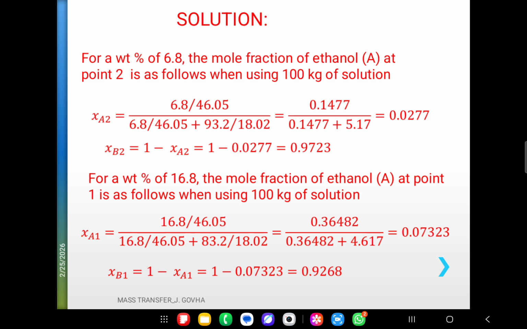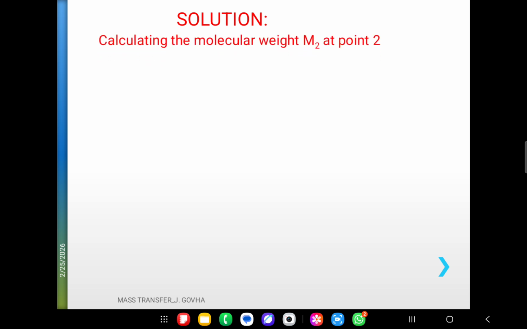Then one would want to understand, why are we calculating XB2 and XB1? Remember, we need to calculate our log mean, XB log mean. So let's now calculate the molecular weight M2 at point 2.